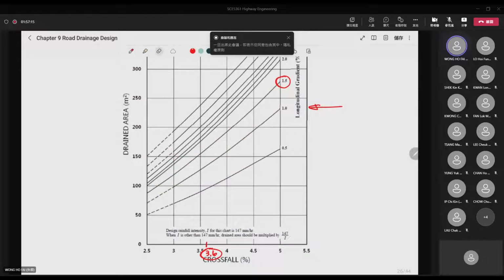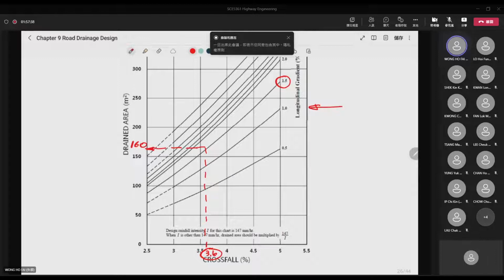Then we can use this graph and then we just go up. Okay, it is the line for 1.5. It is around 160, right?